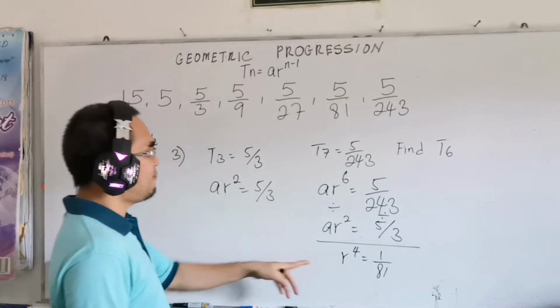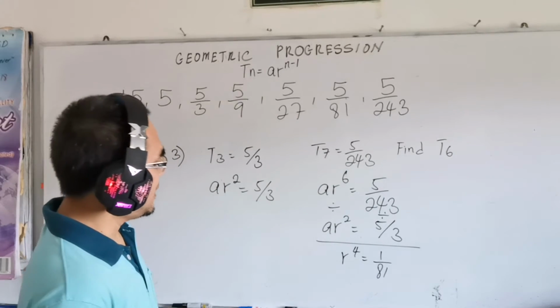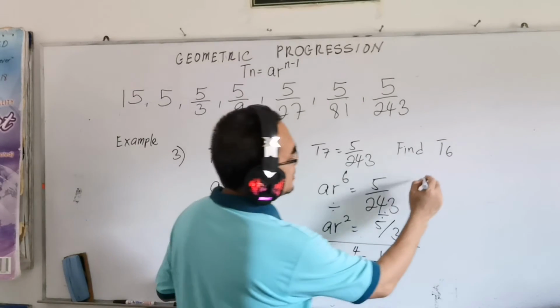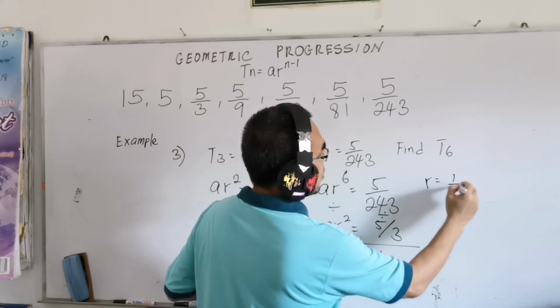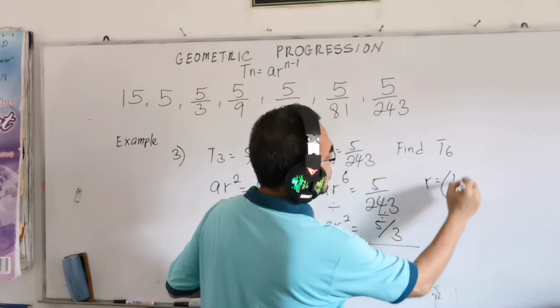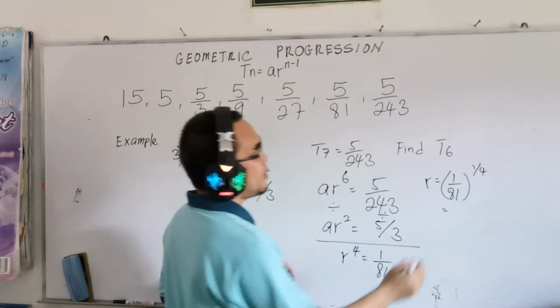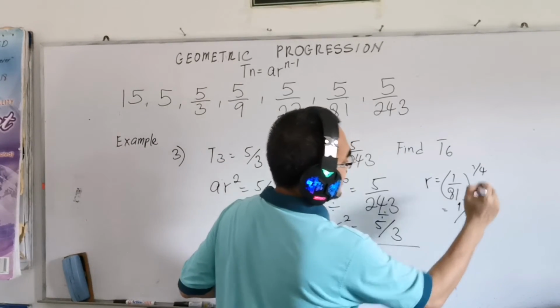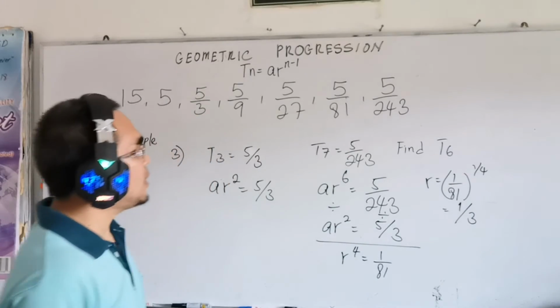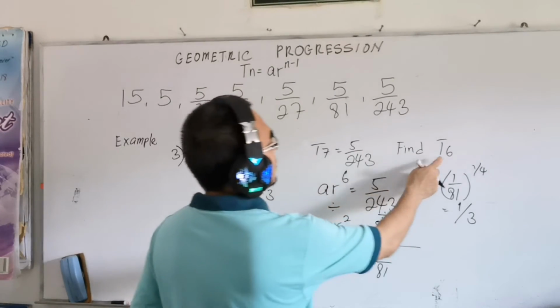So you can find the value of R, that is R is 1 over 81 to the power of 1 over 4. So you get 1 over 3. Okay, so then we can calculate.